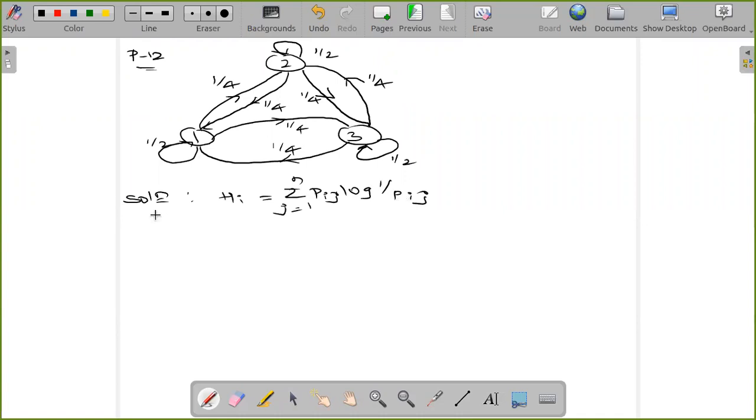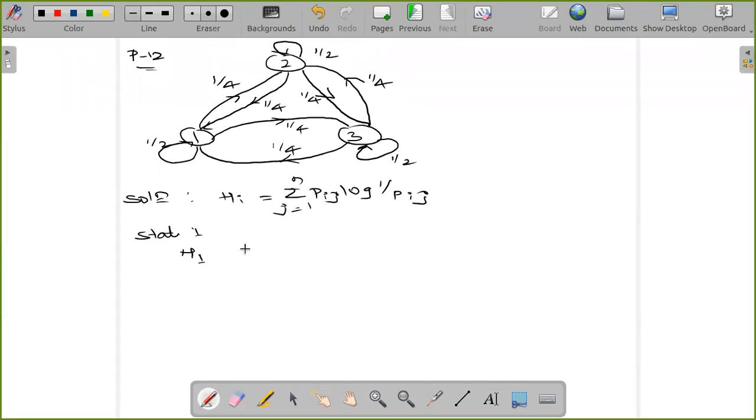Here we have three states in total, state 1, state 2 and state 3, so we need to find the values for each. First I will go with state 1, that is H1.